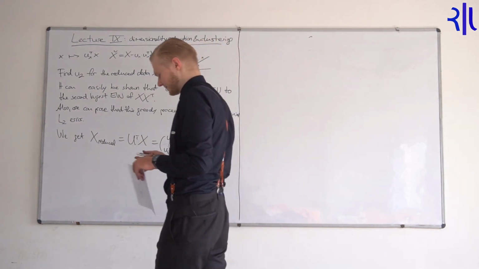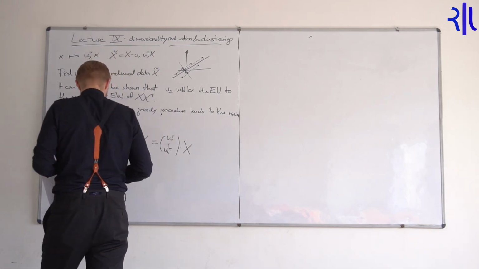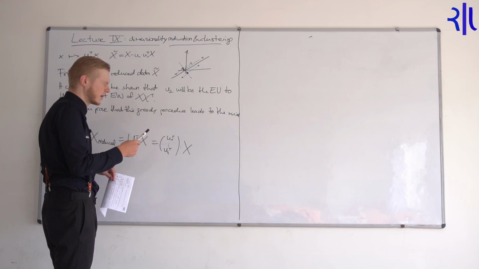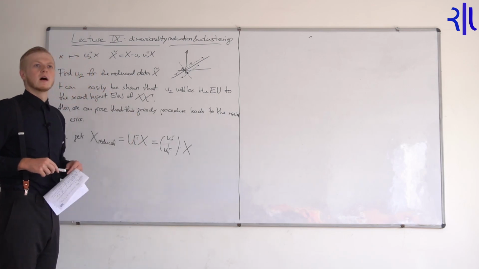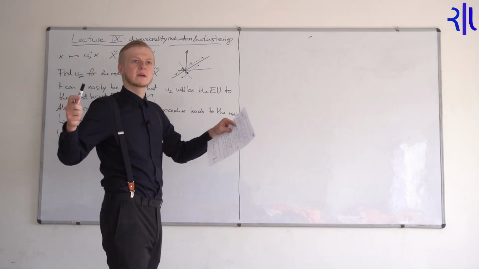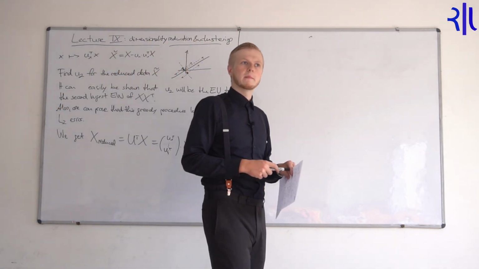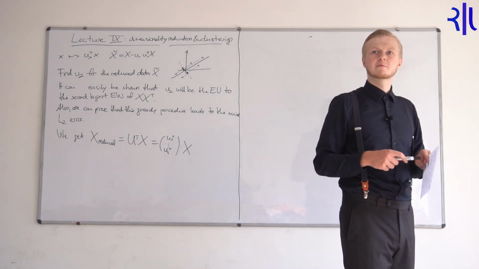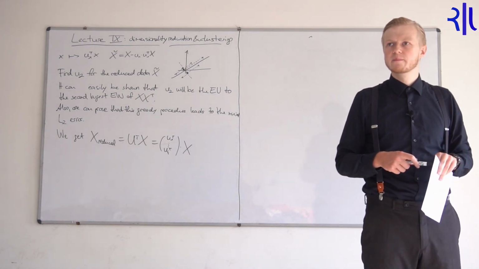And it turns out that the eigenvalues of x times x transpose actually tell you how big the error will be, or better, how big the yet to be explained variance in your data set will be.